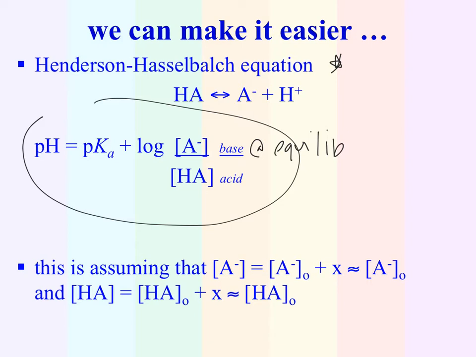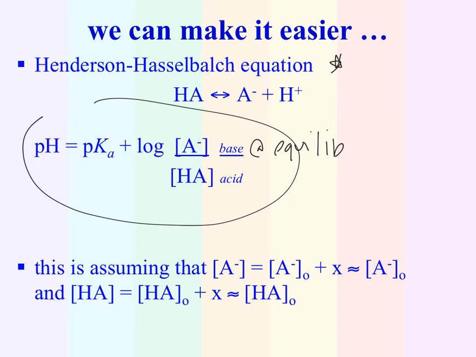Now remember, in the prior examples we utilized the assumption that the value of X, or the decrease or increase of our acid or our conjugate base, is relatively small. And so we've been dropping the X's out of the equilibrium expression and just solving for X with that shortcut.